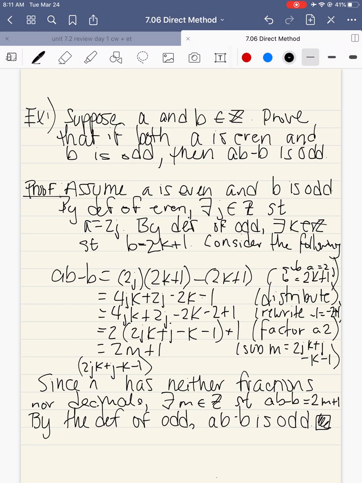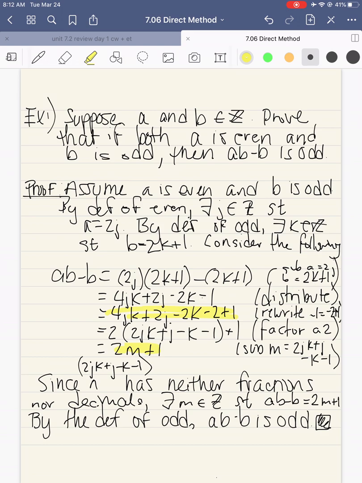Sometimes when we get further into more complicated proof methods, more complicated statements to prove, it might be beneficial to start with what you want to end with and work your way backwards. So if you know that you want to end up here, you just need to figure out how to get there. Rewriting negative 1 as negative 2 plus 1 might not be intuitive.